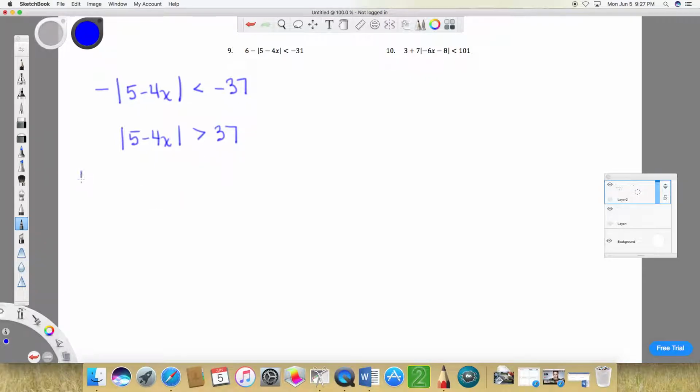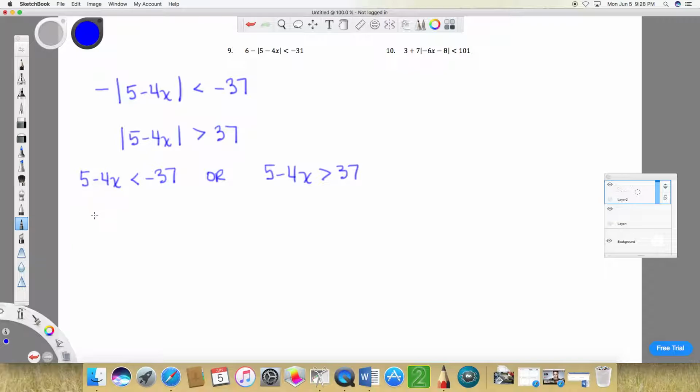So we have this 5 minus 4x is our expression, and we change the direction of the inequality and we change the sign of the number. And then on the second inequality, we just simply drop the absolute value. 5 minus 4x is greater than 37. So now we solve these independently and then graph them together on a number line.